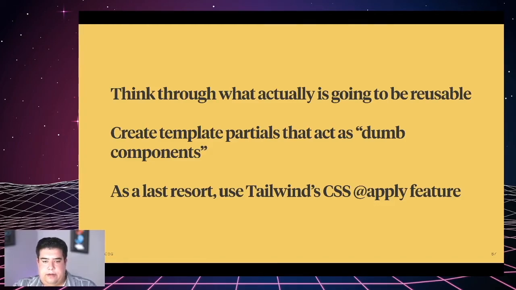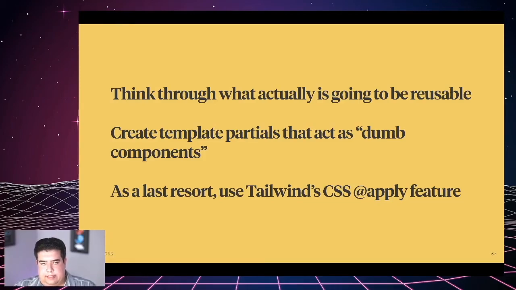Then if I do realize, okay, there is the potential for reuse here, how am I going to go about doing that? My first layer would be to use the idea of template partials, which a lot of the CMS template engines provide. But I want to build these components as dumb components so that they're just expecting data to be passed to them, nothing logical.